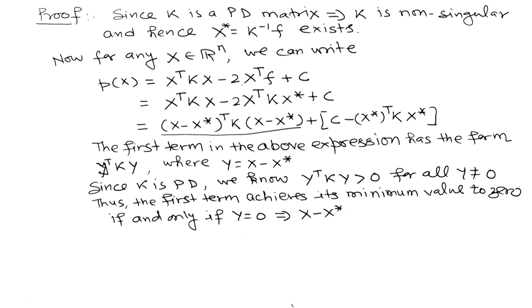So, x minus x star equals 0 or x equals x star.